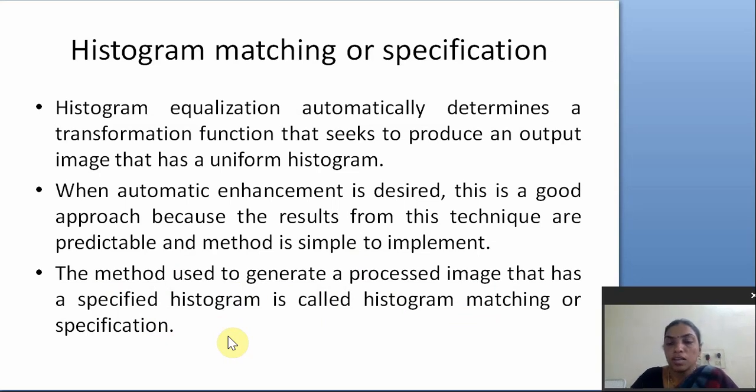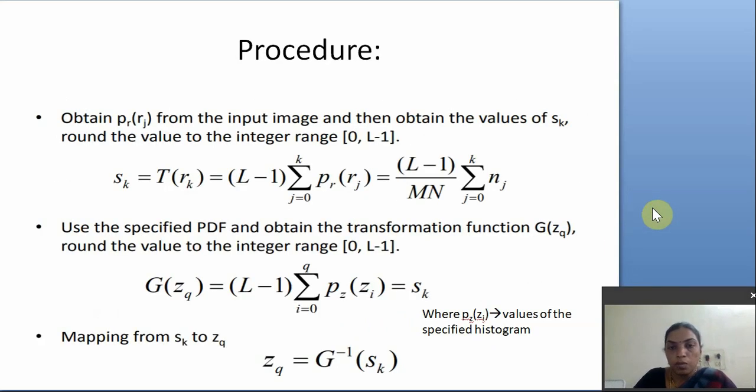So that's why the method used to generate a processed image that has a specified histogram is called histogram matching or specification.